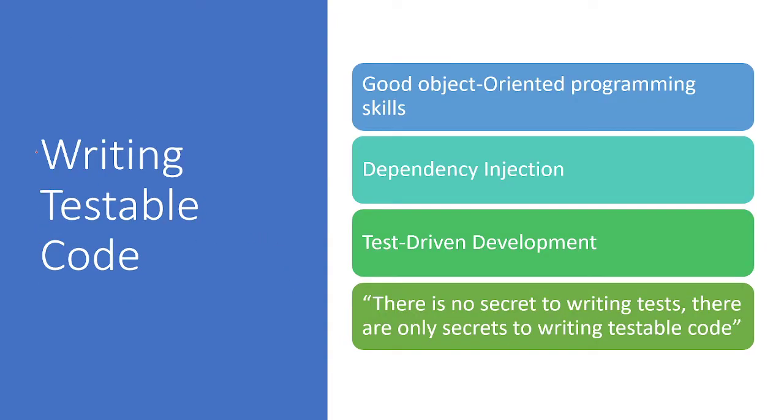So now we're going to talk about writing testable code. Some of the skills of testable code include good object-oriented programming skills. Now, there are two different types of programming: object-oriented, which I'm sure everyone's familiar with, and functional programming.